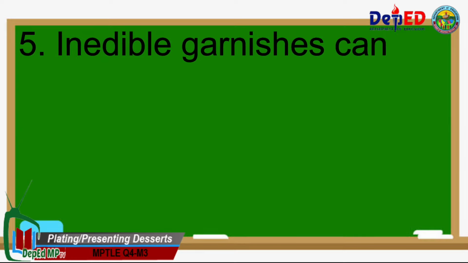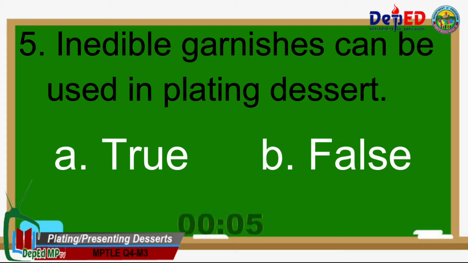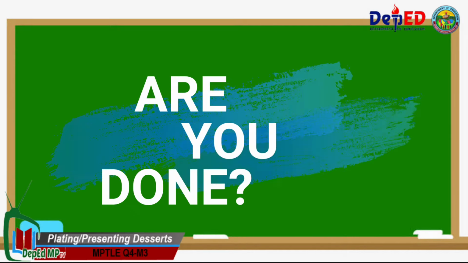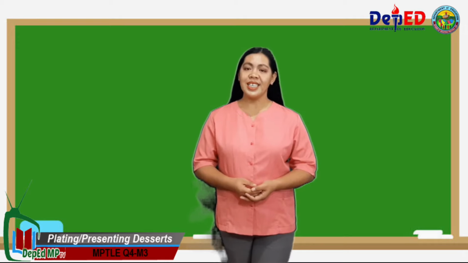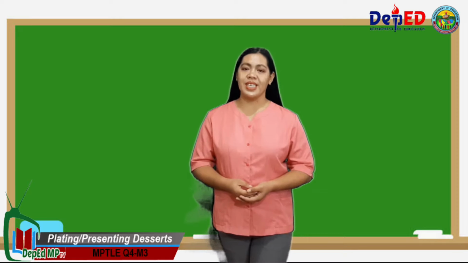Number 5. Inedible garnishes can be used in plating dessert. The correct answer is false. Excellent if you've got all the correct answers. If not, don't worry, you may review the activities again.